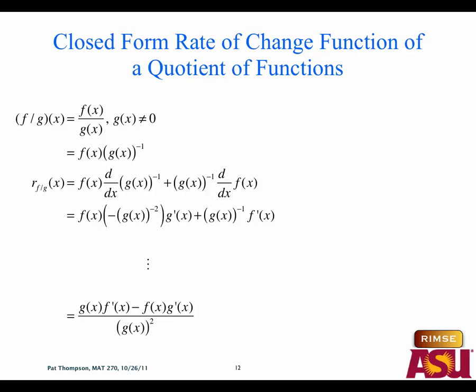But we get to this final form, which is the denominator times the rate of change of the numerator minus the numerator times the rate of change of the denominator, over the denominator squared. This is our rate of change of a quotient function.